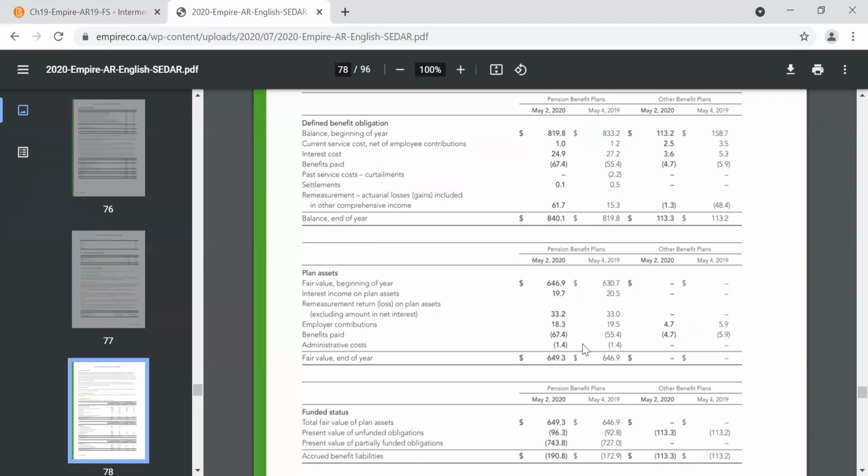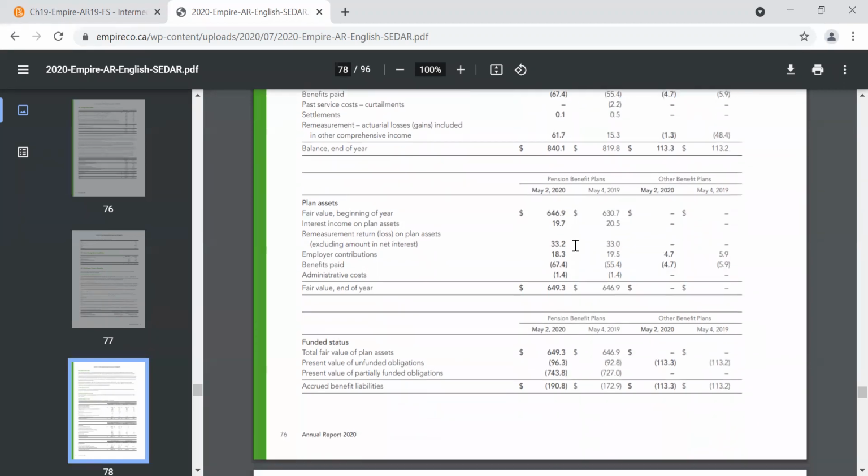And they also have those two come up to the funded status. Okay, so they are underfunded. They have a deficit. So this amount added to this amount is the amount on the balance sheet.